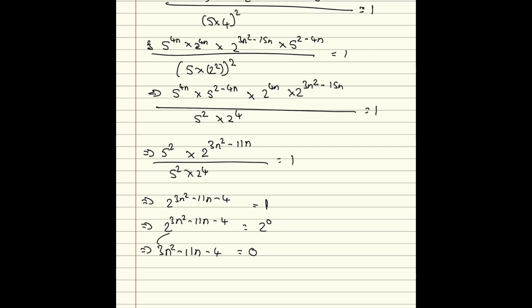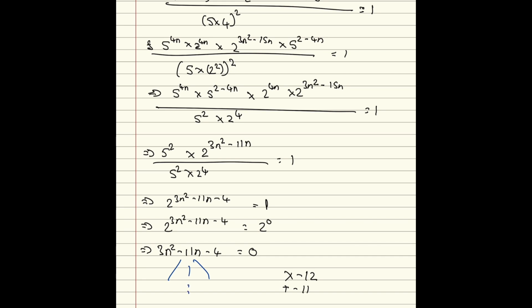Again, we can factorise this, instead of completing the square, because if we do 3 times 4, we've got to find two numbers to get negative 12 and add to get negative 11. Well, that does work for us, because we could do negative 12 times 1, giving us negative 12, and we could do negative 12 plus 1, which gives us negative 11.